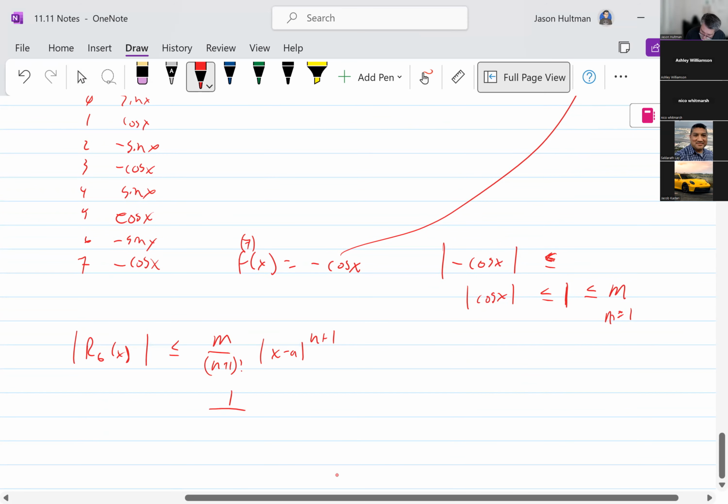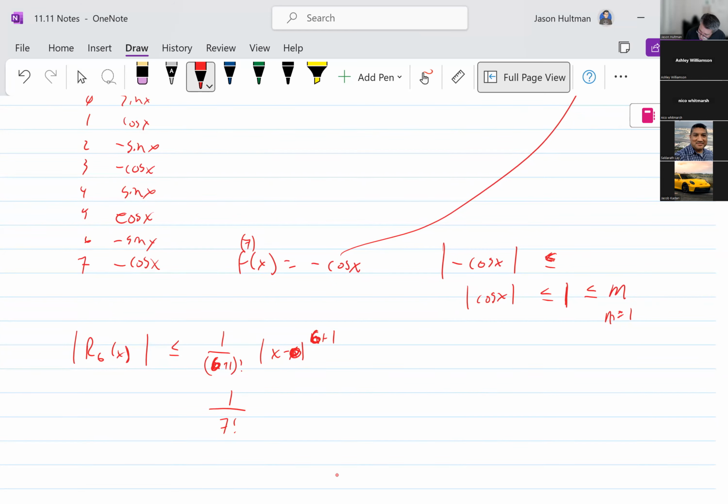We know that n is 6, so that's 6 plus 1 factorial. We know that a is 0. So it's going to be 1 over 7 factorial times the absolute value of x to the 7th power.